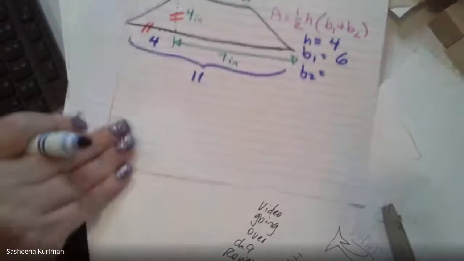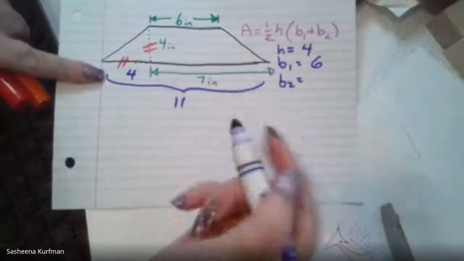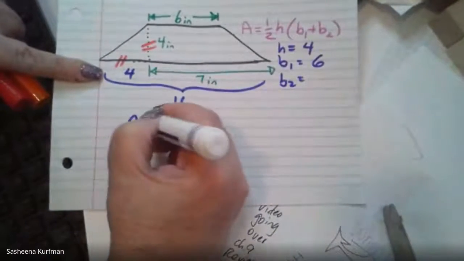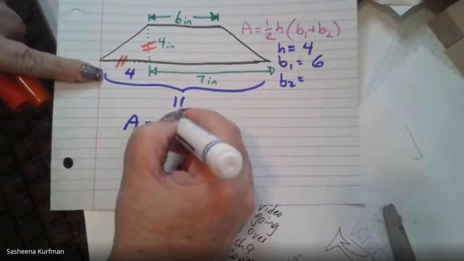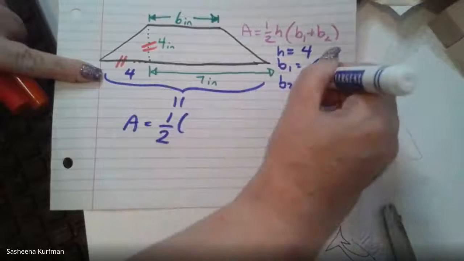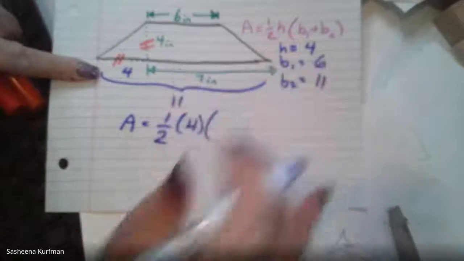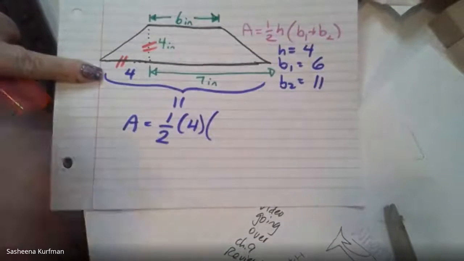So now I'm going to use my formula. I'm going to substitute in all of the values in order to find the area. So the area is going to be 1/2 the height, which is 4, multiplied by the sum of the two bases.